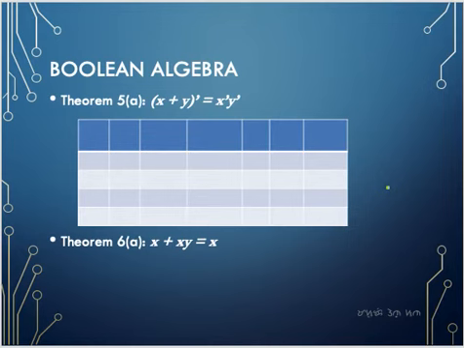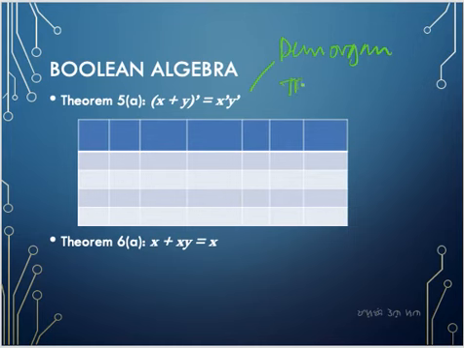Now, meron ako ditong Theorem 5a. Theorem 5a is De Morgan. Sa De Morgan naman, instead of performing yung kanina na operation using the Boolean logic operators and variables, we are going to use the truth table to prove it.